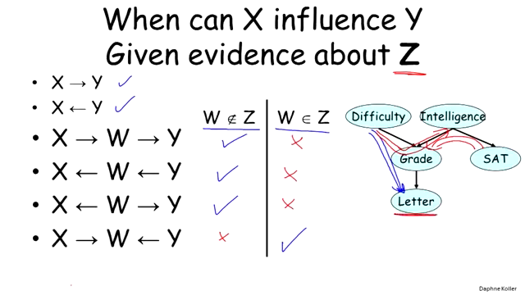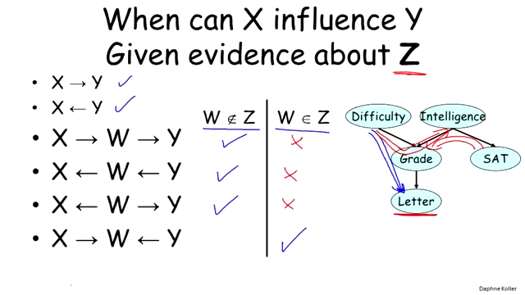I don't observe the grade directly, but I observe something that gives me a strong indication of what value the grade took. In this case, this too activates the V structure. That is, it gives me evidence that needs to be explained. I can explain it via difficulty or via intelligence. And so at that point, it establishes the correlation between them, so that observing one does influence the other. And so this one is not actually quite right.